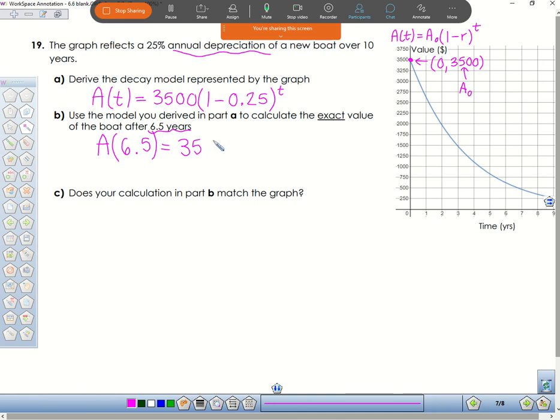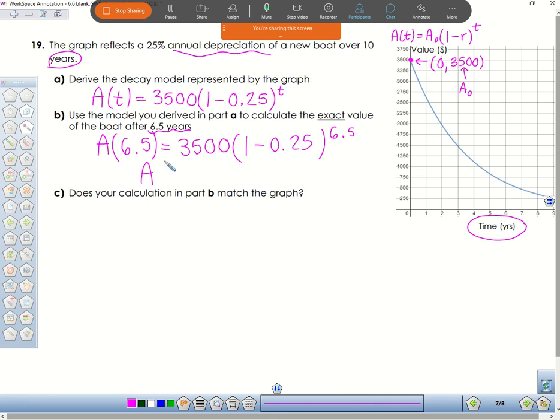Now, how did I know I didn't need to convert my 6.5 to another unit? Anyone know? Because it's in years. Good, and see how the graph is also in years, so it's okay to go.